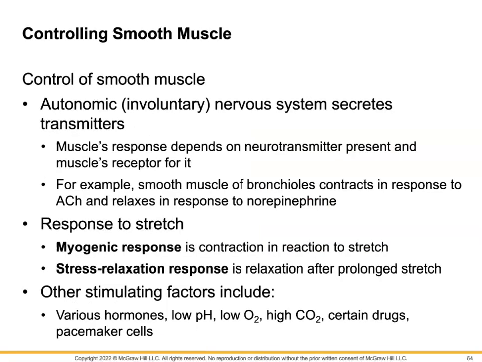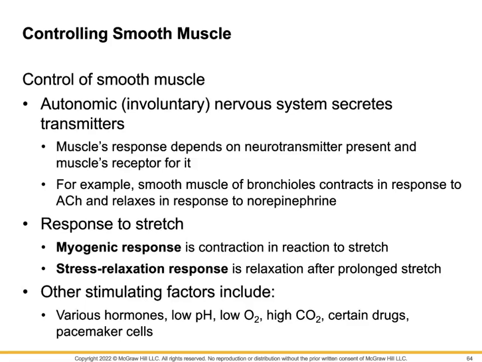The autonomic system also can control smooth muscle. So the nervous system releases from that autonomic nervous system neurotransmitters. Some of these neurotransmitters act very differently depending on the organ that has that smooth muscle.